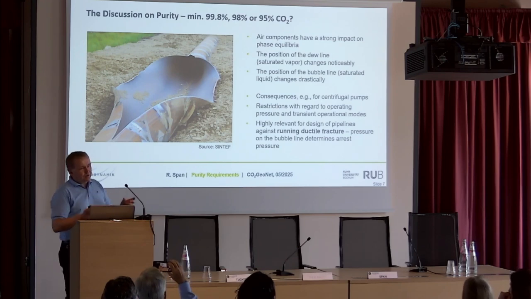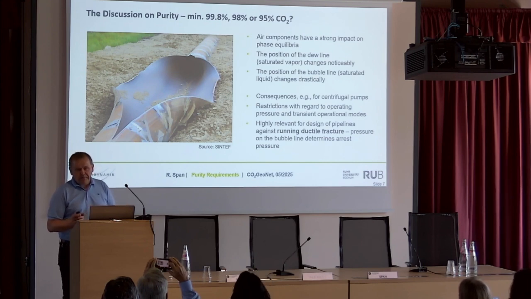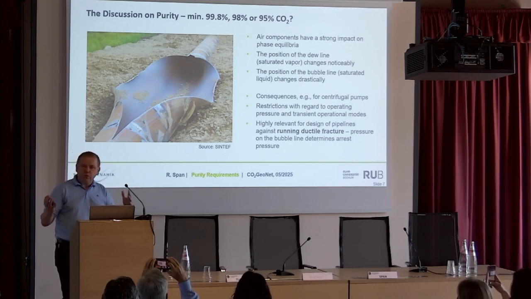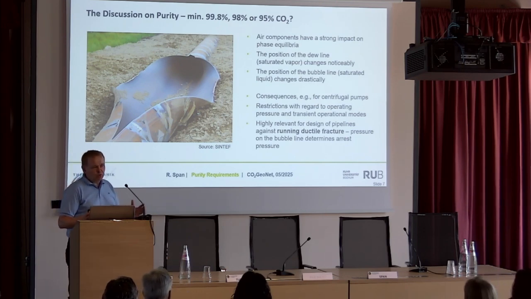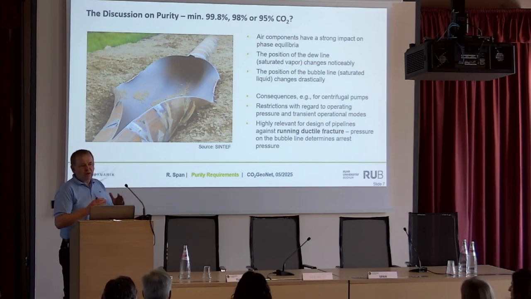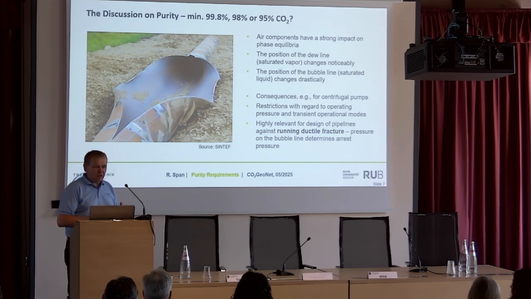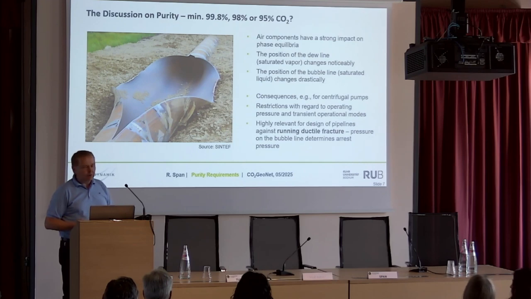And the thickness of the walls limits the maximum diameter of a pipeline, right? Because the thickness is more or less proportional to the diameter. So with more nitrogen in the CO2, you cannot build pipelines with a large diameter. The diameter of the pipeline shrinks, right? And that's the balance we are discussing when we talk about pipeline transport.